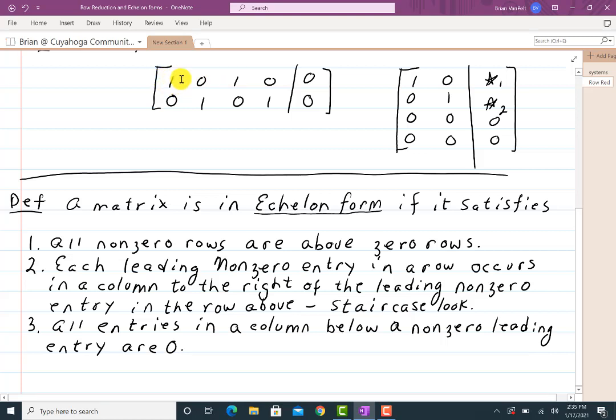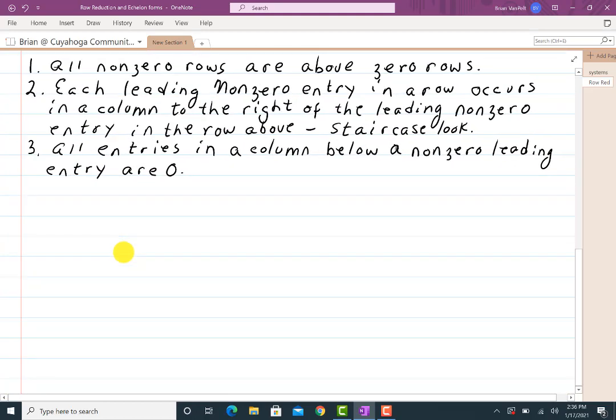Here we are, a non-zero leading entry right there, and then all the entries below it are 0. Let's see if that's true here too. Here is our leading non-zero entry. All the items below it are 0. Here is a leading non-zero entry. All of the items below it are 0. So all these things make an echelon form. Basically, what we're going to get is something like this.